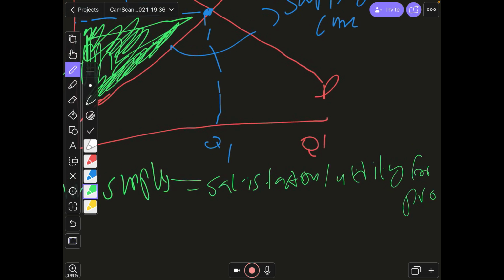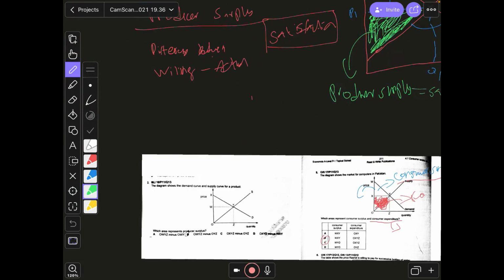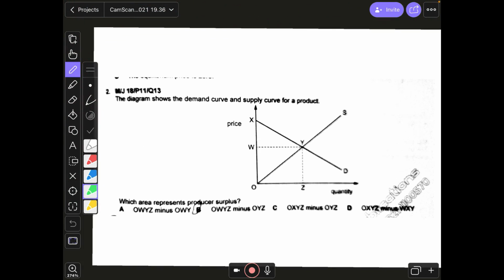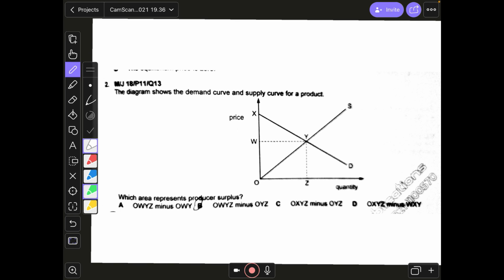Just to reinforce this concept, we'll also go over one question. So let's have a look at this question. Question number 2 says the diagram shows the demand curve and supply curve for a product. So it has a basic demand and supply diagram. Which area represents the producer surplus? In this case, since we have already done this, we know producer surplus is always the area below the price line and above the supply curve.